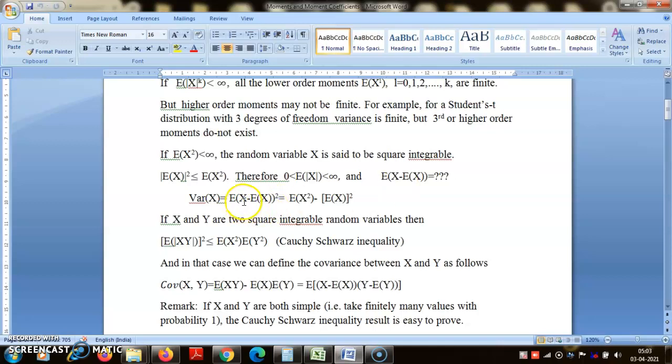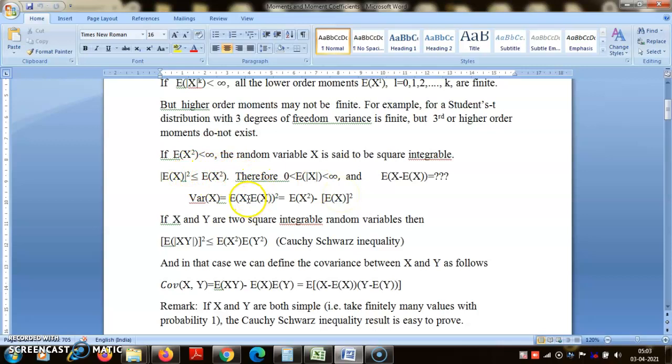Now, variance is defined as E(X^2) minus (expectation of X) whole squared. You can also define it as the expectation of (X minus expectation of X) whole squared. Now they both are one and the same, under the assumption that E(X^2) is finite. Now I generally define it first as E(X^2) minus (expectation of X) squared because of this Hölder's inequality.